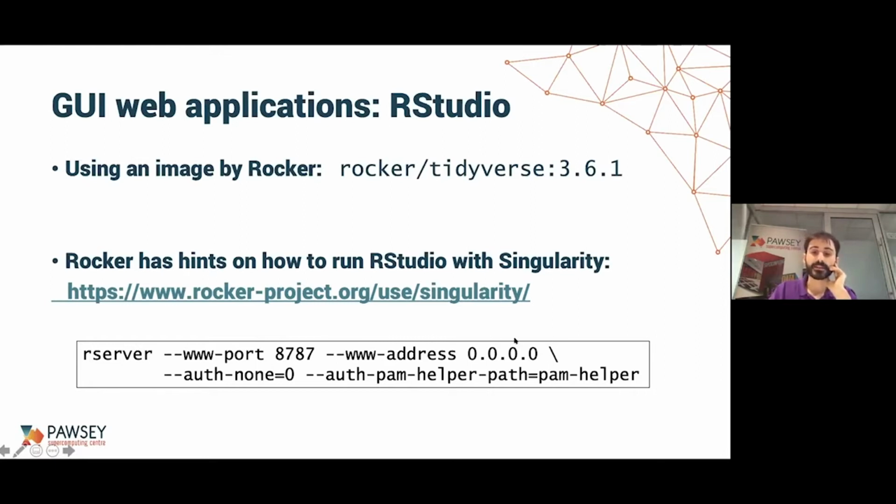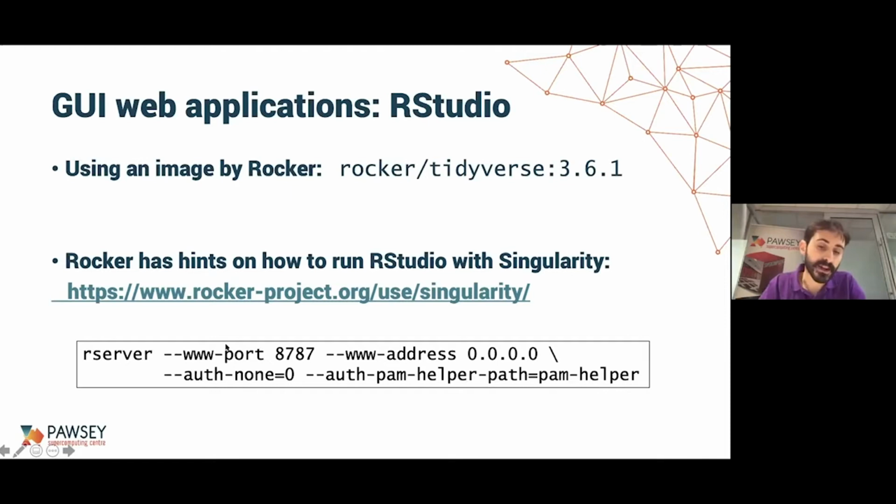This specification of the address being 0.0.0.0 is required if you're running this, say, from a cloud instance, and you need to access from your local browser. But it doesn't hurt too much to have it always, so it can be there. And these other couple of flags are required just to specify the authentication mode in RStudio. So you want the server to be protected with a password, and so you need those two flags.